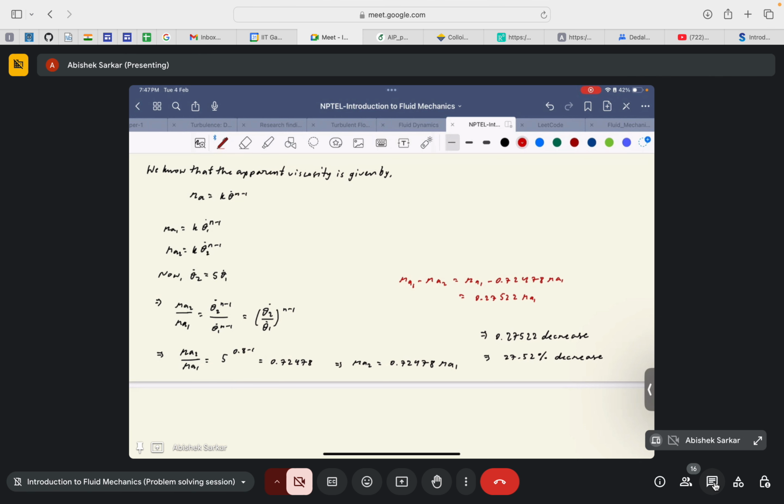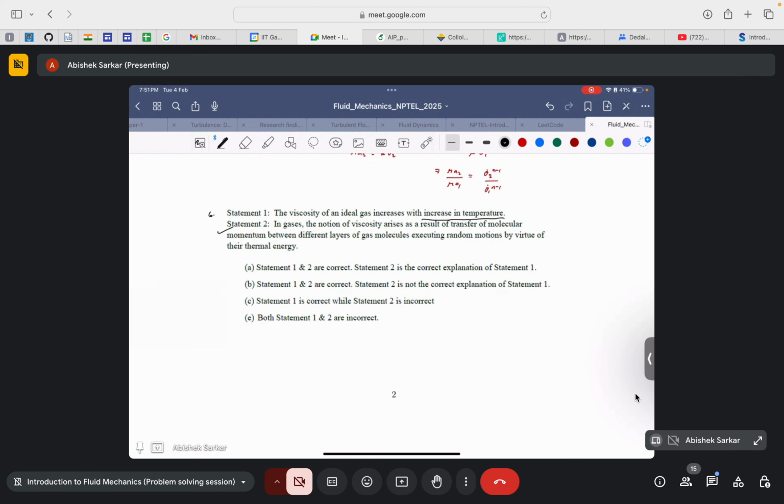That's why viscosity, even if it is zero initially, will increase as the temperature is increased. The same thing is discussed in statement number 2. So option A is correct, where statements 1 and 2 are correct, and statement 2 is the correct explanation of statement 1.